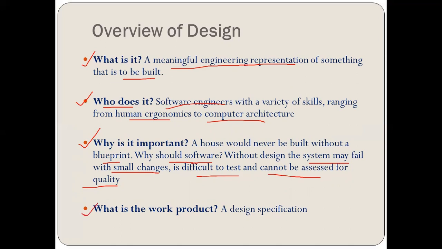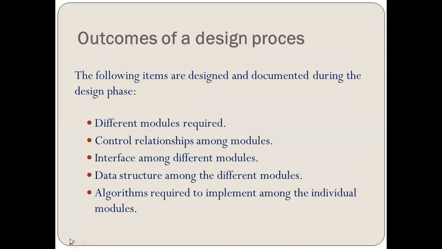What is the work product of this design? The design specification will be given out, which will be the work product of this stage of design in SDLC. Now, what are the outcomes of design process? The outcomes are as under: design will be designed and documented. Both the things will be done. The designing part and the documentation part will be done in design phase. And what are these?